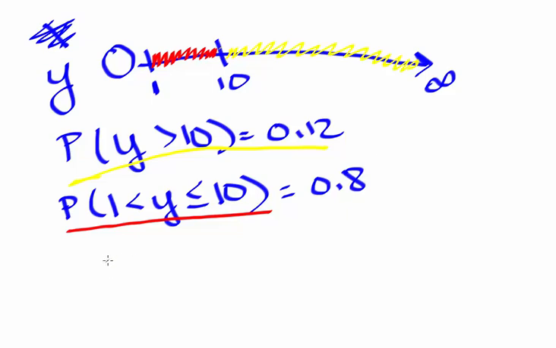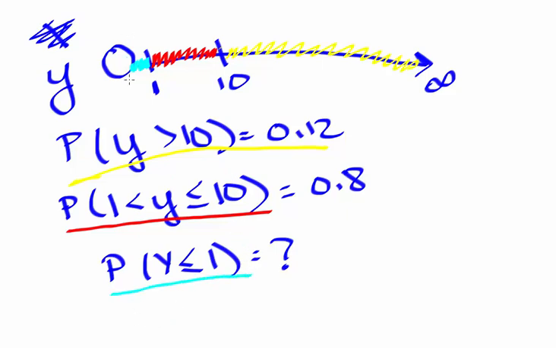So what if we're asked to compute the probability that y is less than or equal to 1? In this case we are trying to figure this out. So how do we solve that? Again, we know that the probability that the time could fall along this line at any point is 1. So we know that it's going to be late at some point in time, if it's not 0.